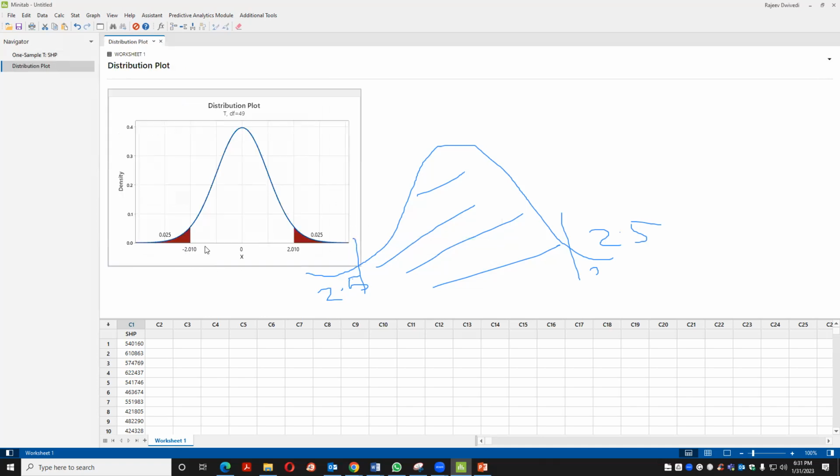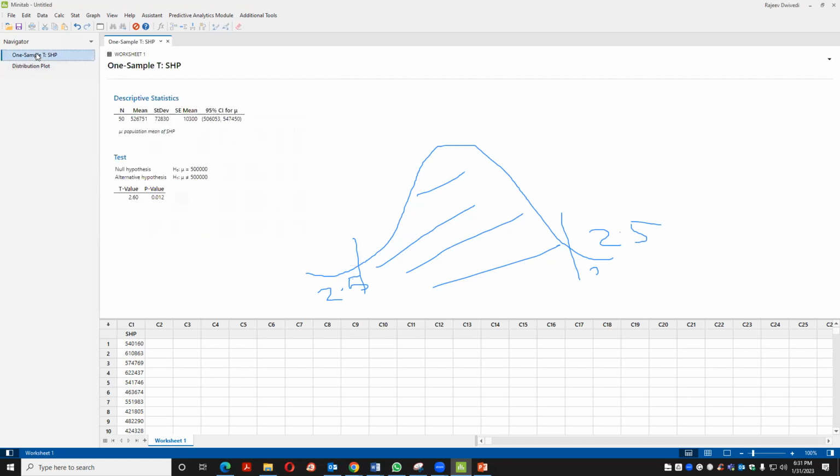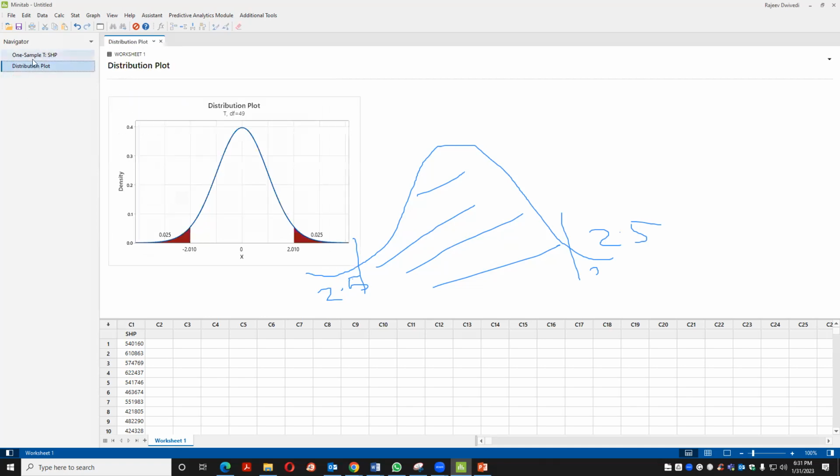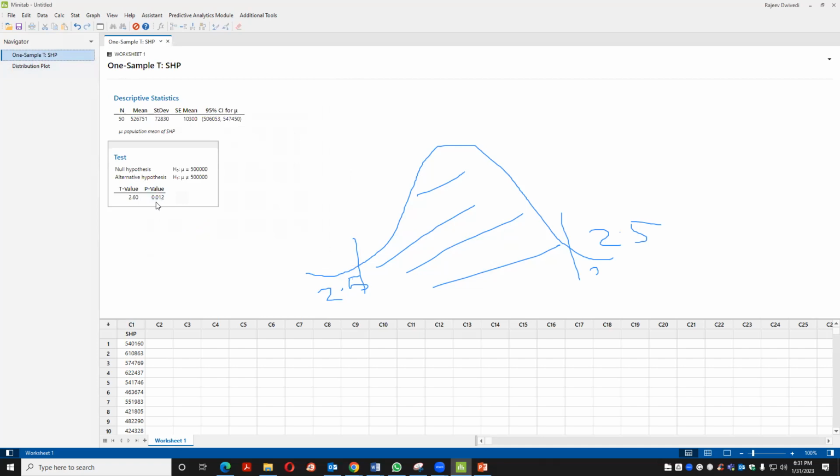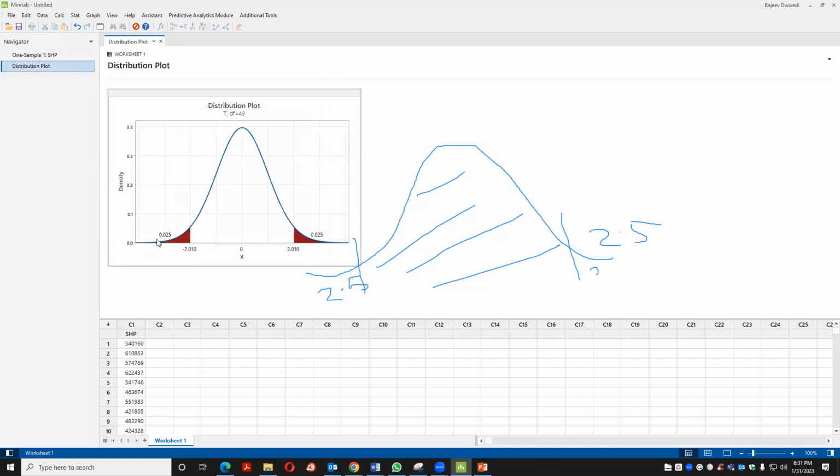What value are we getting? It is about -2 to +2. Here you can see. Now let me clear this part to explain.